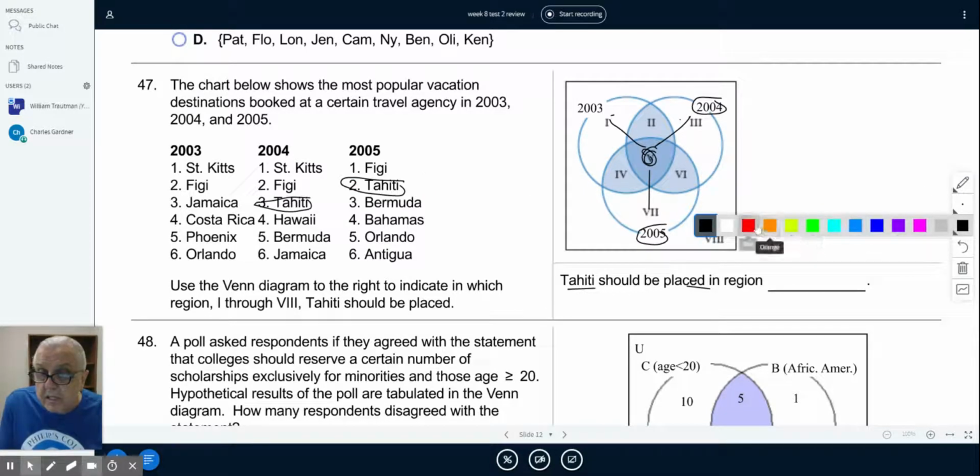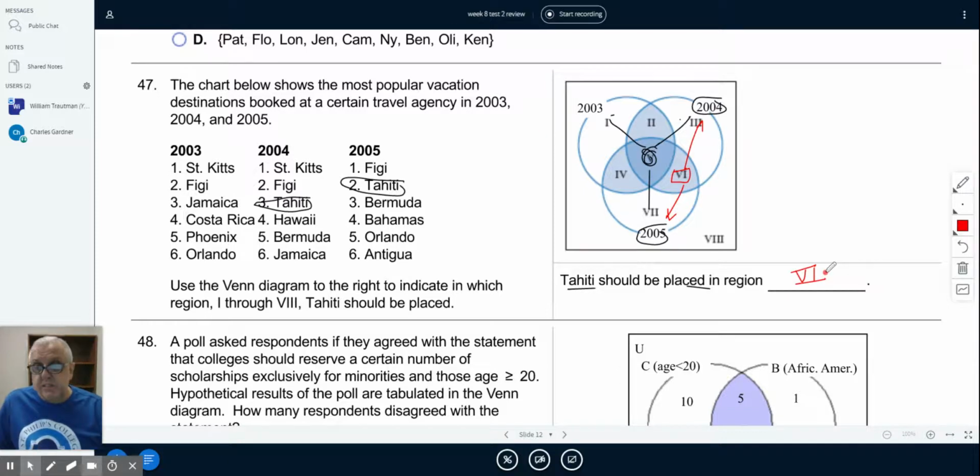So this has to be Tahiti. It's in 2004 and 2005. So what region is Tahiti in? Roman numeral 6. So Tahiti's in Roman numeral 6, that region. That's 47. I'm going to 48.